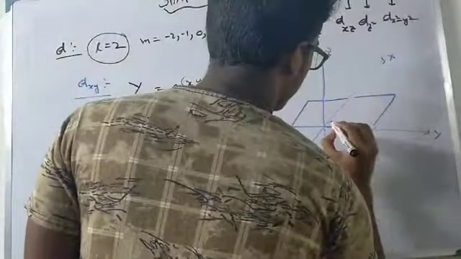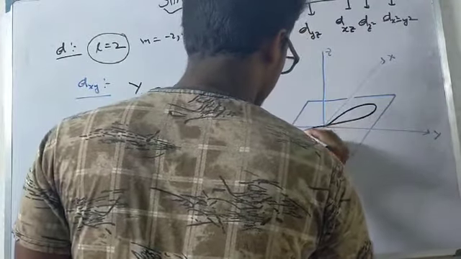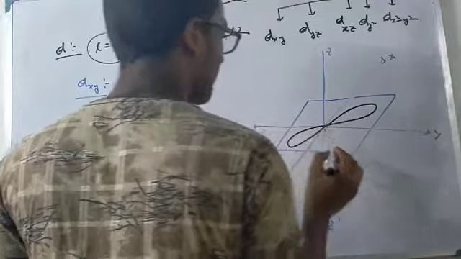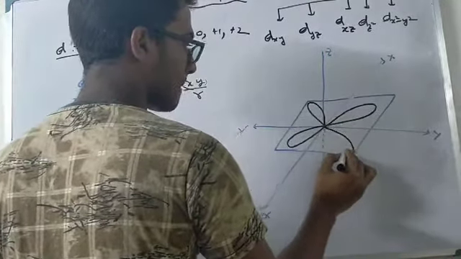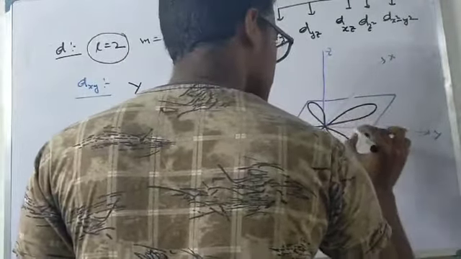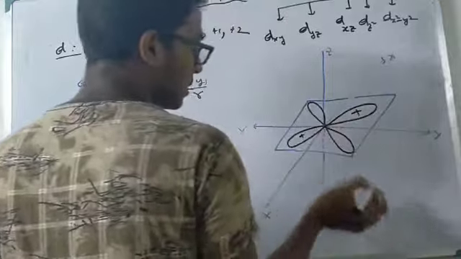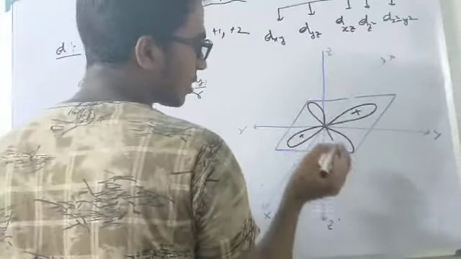And if this is positive phase, this should be positive phase, so that the opposite lobes are in the same sign for the d orbital.